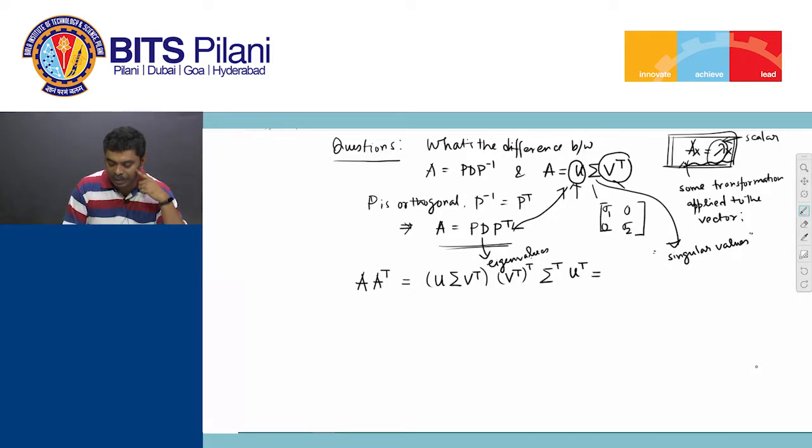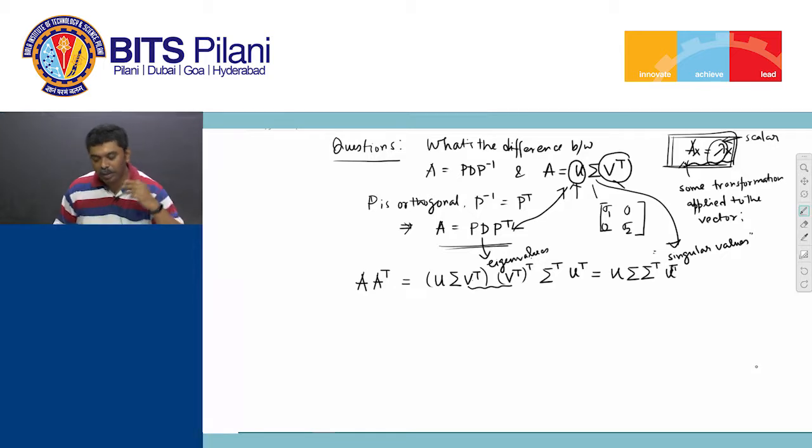Now, V transpose transpose is nothing but V, right? Then you have V transpose V, which is an identity matrix, right? And then you have this sigma, and then sigma transpose. So then you have U, and then the identity matrix with sigma and sigma transpose returns sigma sigma transpose, right? And then you have a U transpose.